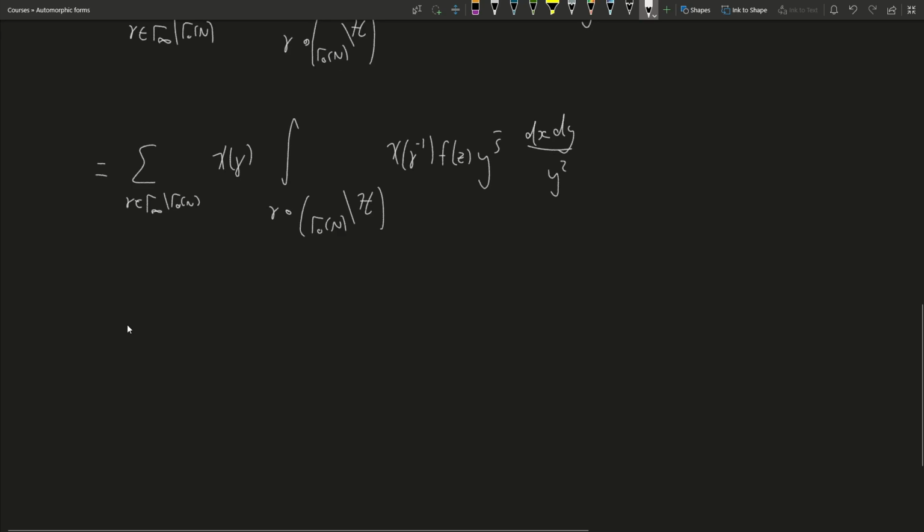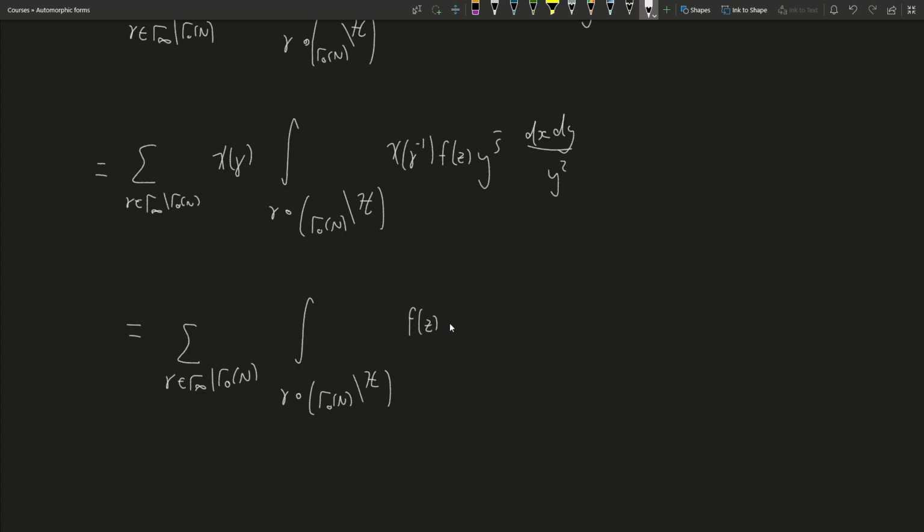So we get the sum over γ in Γ_0(N) mod Γ_∞ of this integral on wherever this sends the fundamental domain of f(z), and then here I'm going to write this as y to the s bar minus 1, dx dy over y, for reasons that will become clear shortly.